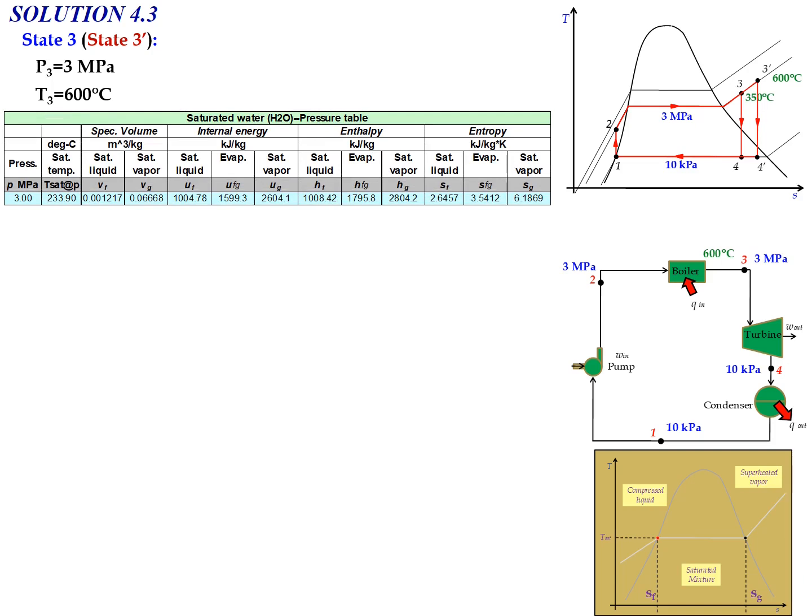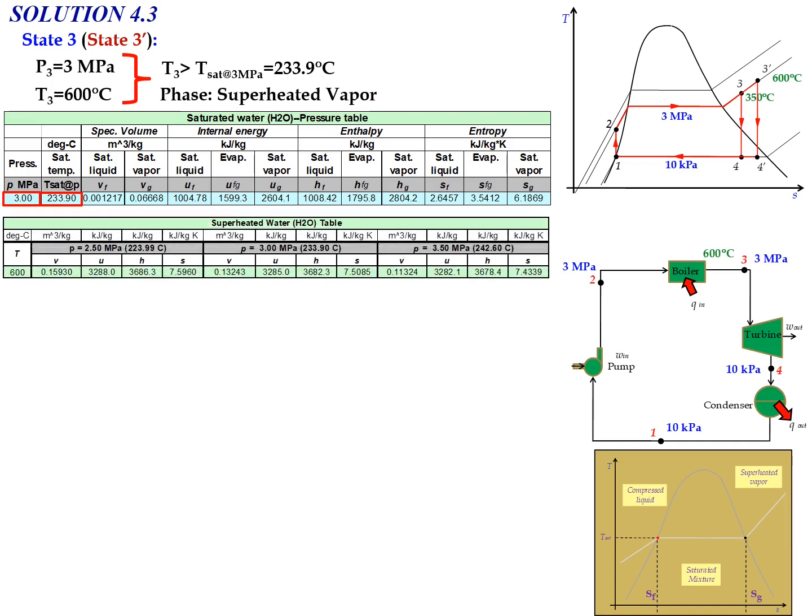If you want to check the phase, you need to use the saturated water table based on pressure, find the saturated temperature, and then compare it with the new T3 value. So confirm the phase is superheated vapor, and then use the superheated water table at 3 megapascal and a temperature of 600.